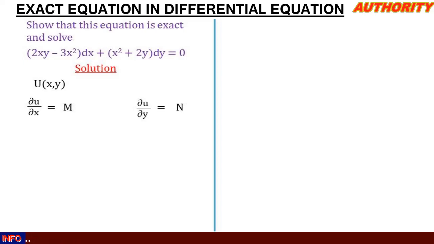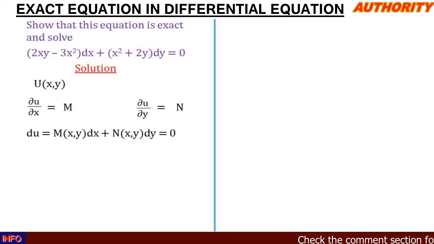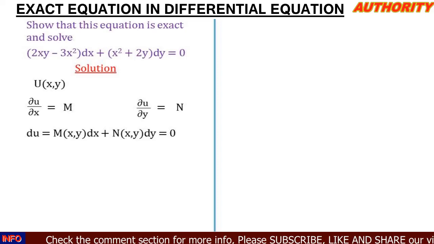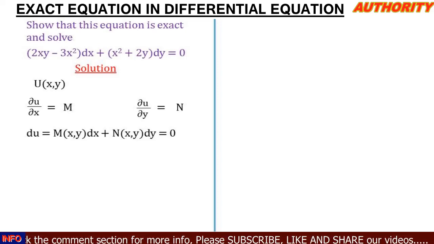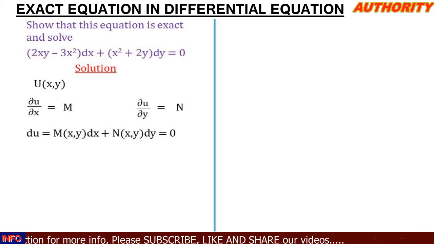Now we have two partial derivatives. When we bring them together, we get the sum, right? The sum gives us du = M(x, y) dx + N(x, y) dy = 0. Do you understand this? The partial derivatives, we bring them together, it gives us their total. Now, this total is a differential equation.